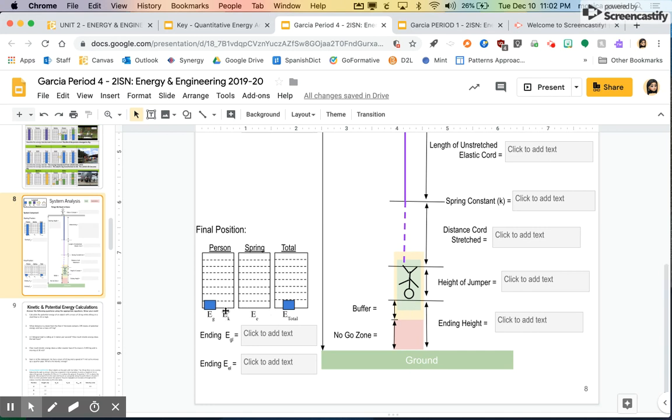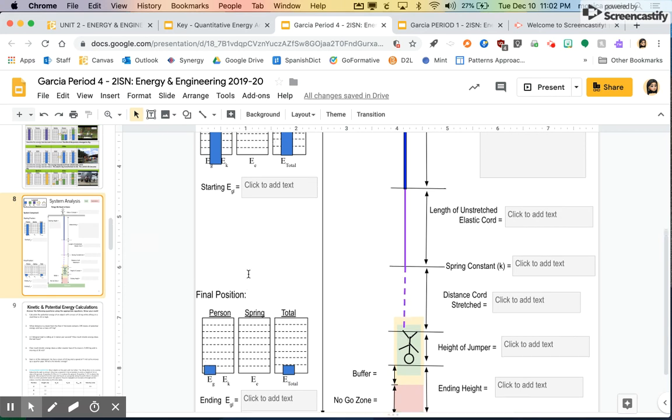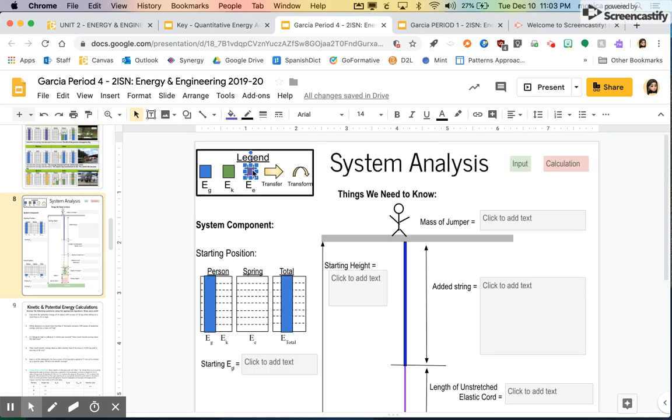So there's no kinetic energy at the final position, but we do have elastic energy. And that's because the spring, which is the purple part here, has completely stretched. So whatever is left is all elastic energy. That moved, sorry. So I'm going to grab this here.